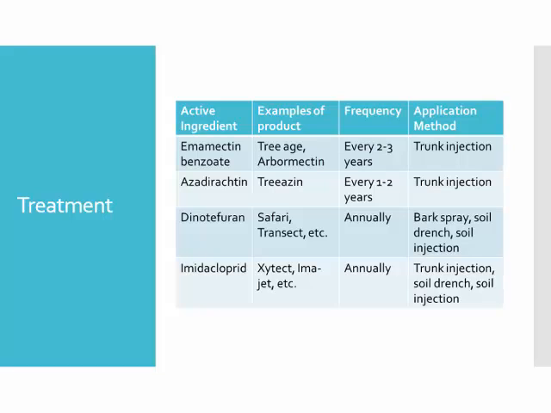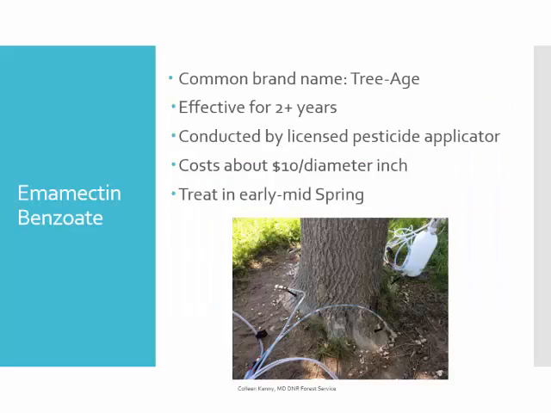If you're in a wet area or near a wet area, you cannot do some of these soil drenches or granular products. Anything close to a stream, you're going to be looking at trunk injections. The best chemical treatment that we have right now is trunk injection with emamectin benzoate.